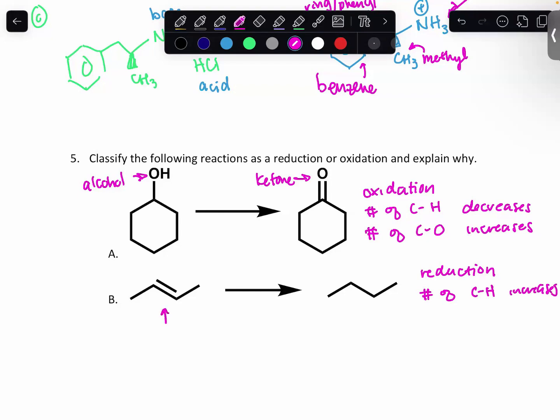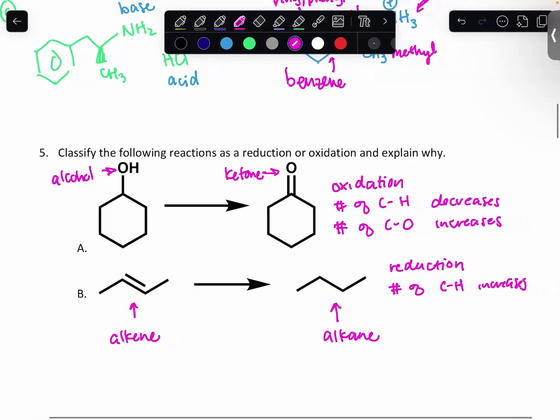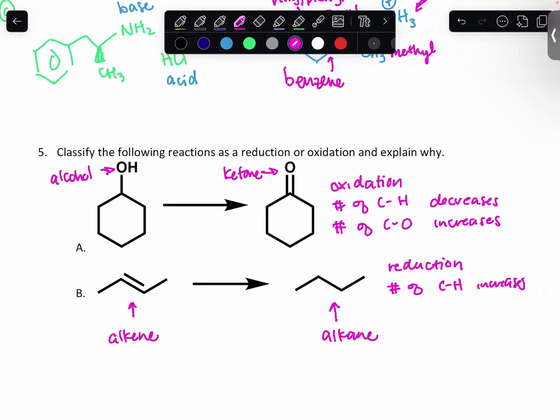What is this functional group called? Alkene. And what does it transform to? How many does the CH bond increase by? 2. What about the oxidation reactions? What are they changing by?